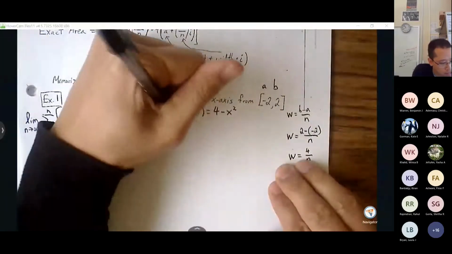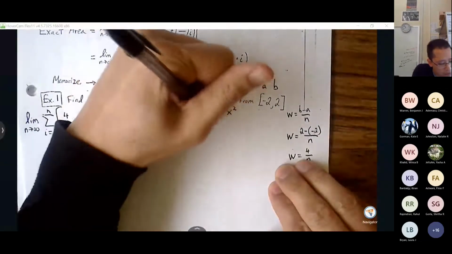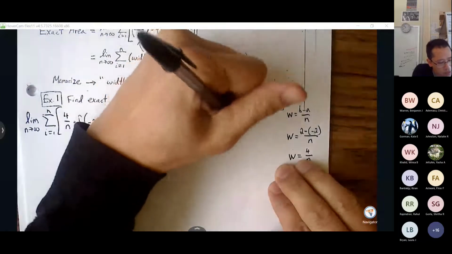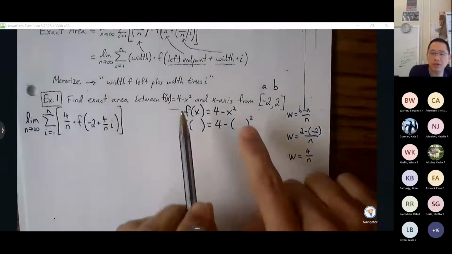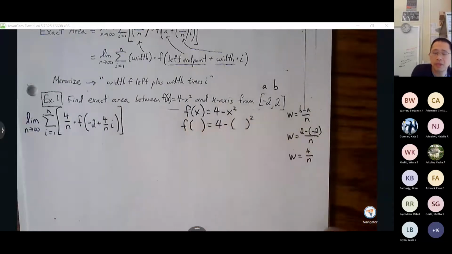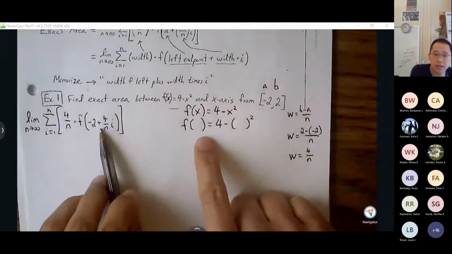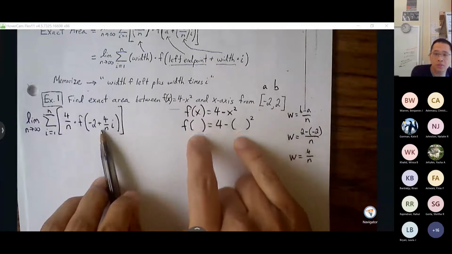So I'm going to rewrite this as f parentheses equals 4 minus parentheses squared. Okay, everybody good with that? Every time I see an x, I'm just going to leave a set of parentheses there that will give that reserved space for my argument. Okay, so now I'm just going to take that argument and insert it into where the space is.